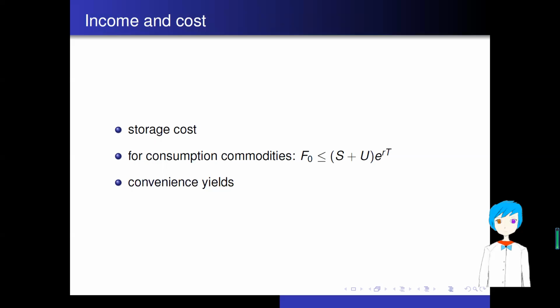When it comes to valuing the forward contract price, sometimes we may also take into account the storage cost. So basically, if there is a storage cost, then the futures price will be higher than the theoretical value because we have to take the storage cost into account.